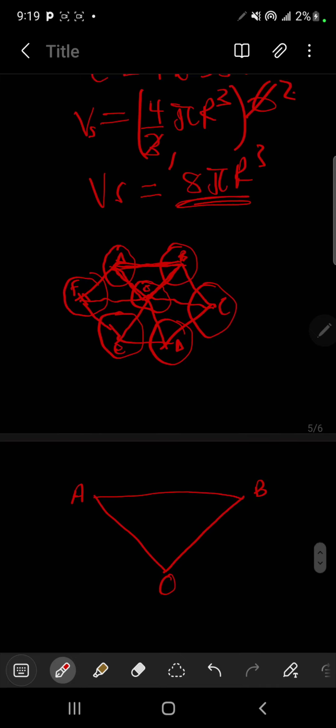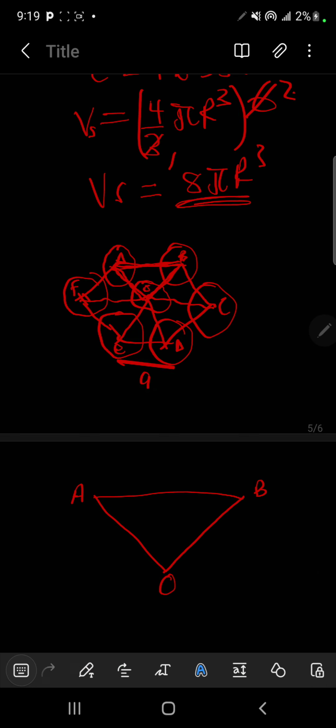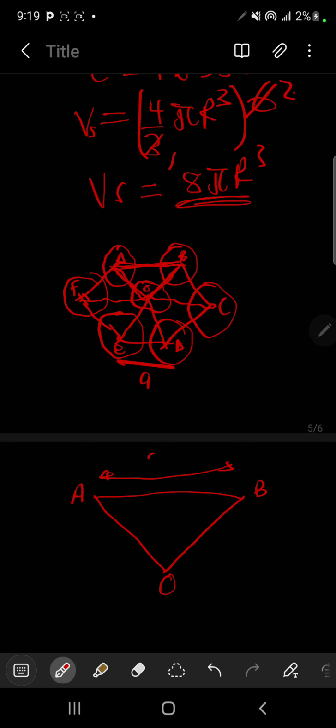Here's A, B, and you have your O there. So we notice that the edge length is just, in fact, a, right? Yes. So it means this portion is in fact a. And because this is an equilateral triangle, it means the angle is just 60 degrees.